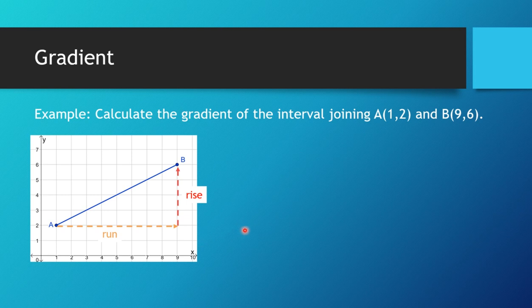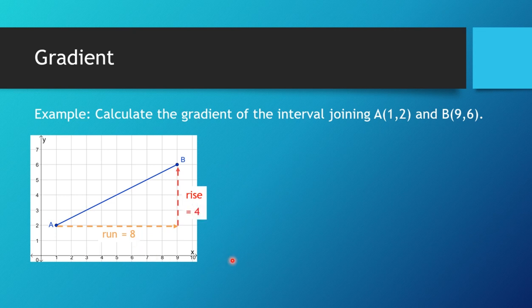So let's consider the run. From 1 to 9 is 8 units. Counting the grids, 1, 2, 3, 4, 5, 6, 7, 8. So that's 8 across. And going up here, starting from here, 1, 2, 3, 4 up. So 8 across, 4 up.